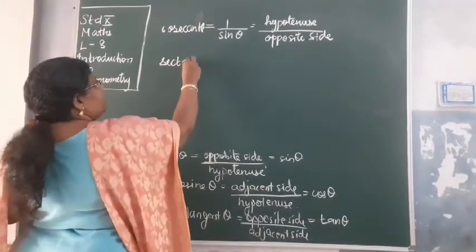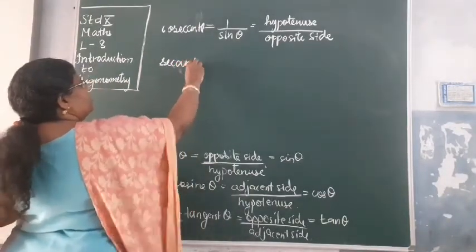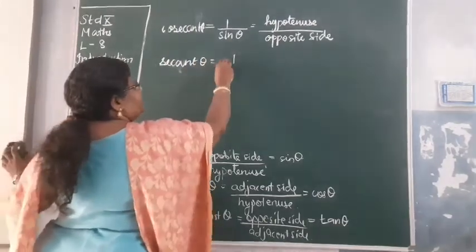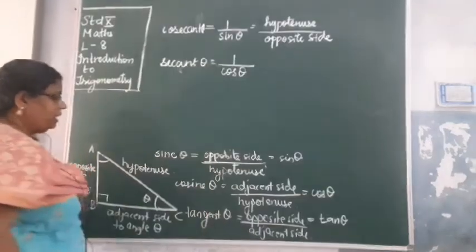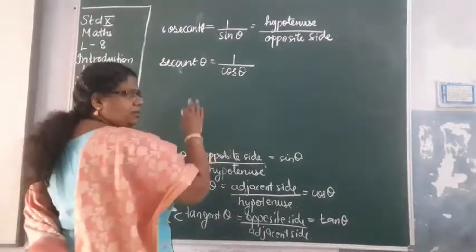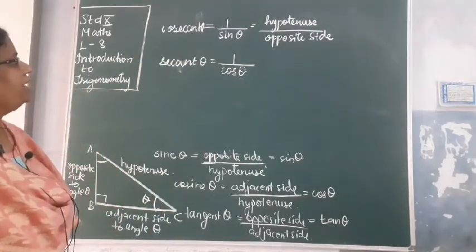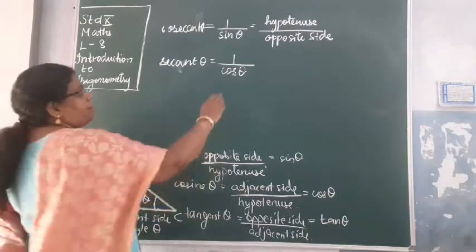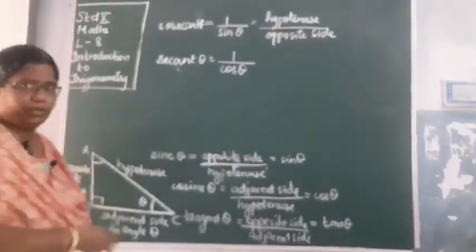Then you have secant theta, which is actually the inverse of cos theta. Cos theta is actually cosine theta. Okay, remember it. But in our normal calculations, we are taking it as cos theta. Okay, sin theta. Here हम cosec theta बोलते हैं और इधर sec theta बोलते हैं.